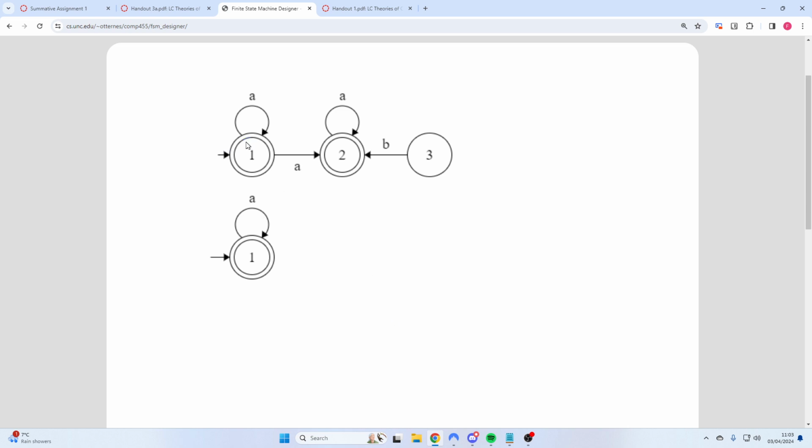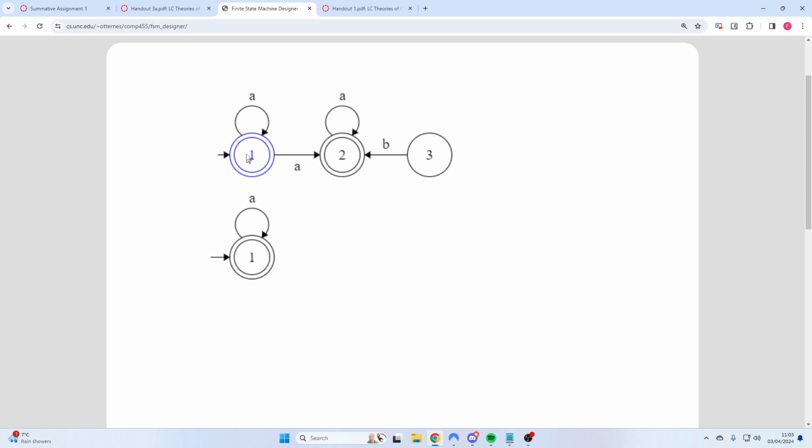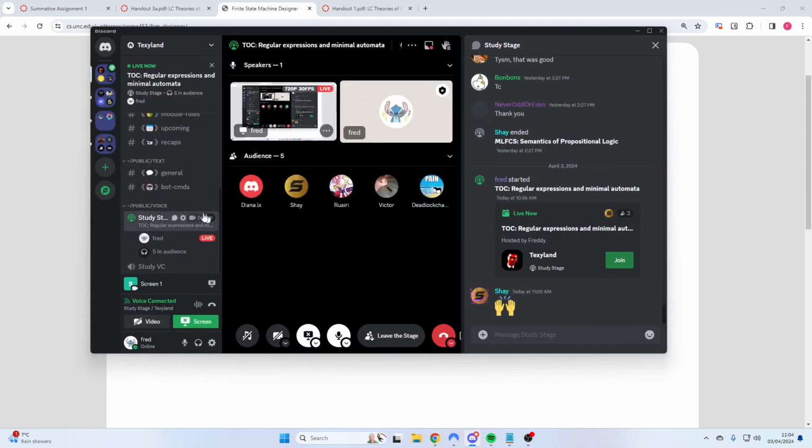So here, if we start at 1, so we're not actually starting there, but we're just imagining we're starting there, A accepts itself, but if we also start at 2, A also accepts itself, so these two are equivalent, if that makes sense.